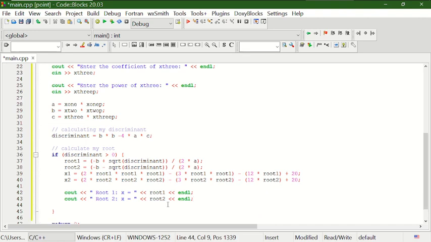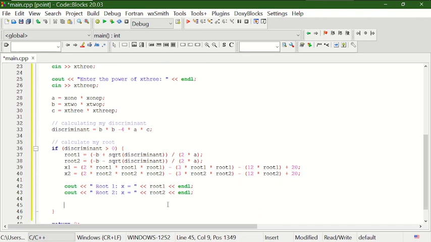So we also want to see out. And this is see out. So when we substitute root 1, this should be the answer. We also substitute root 2 for x, this is the answer I get.